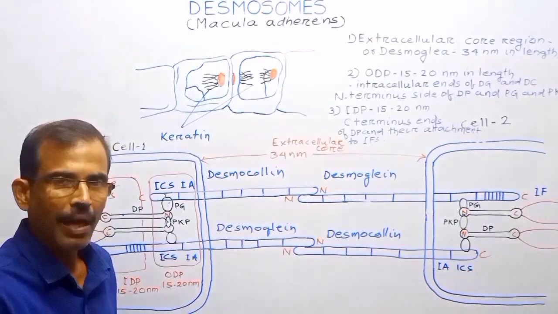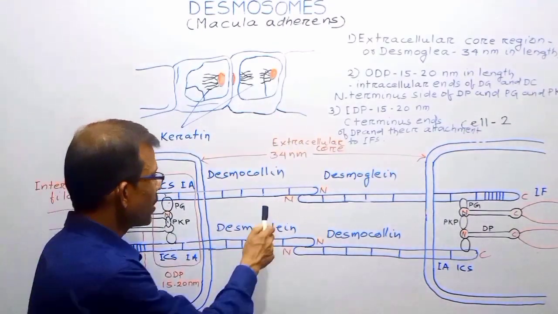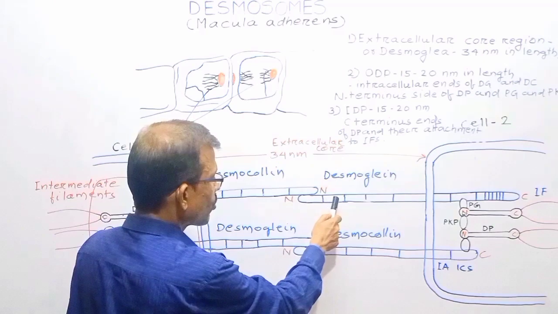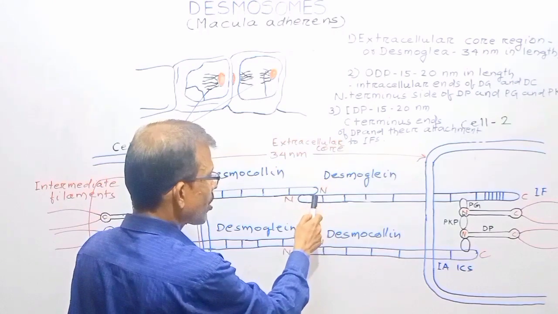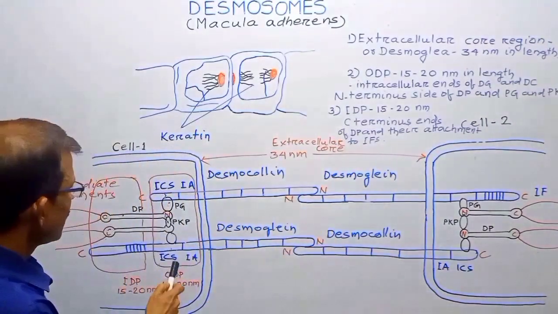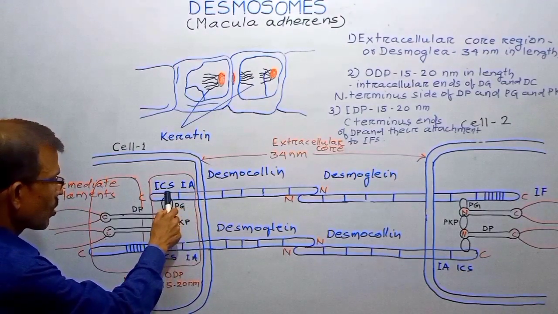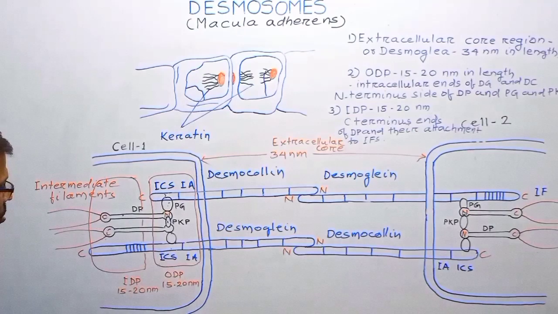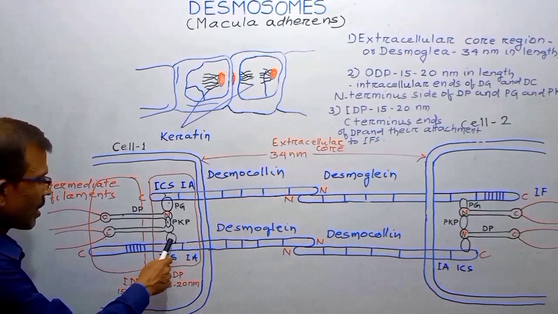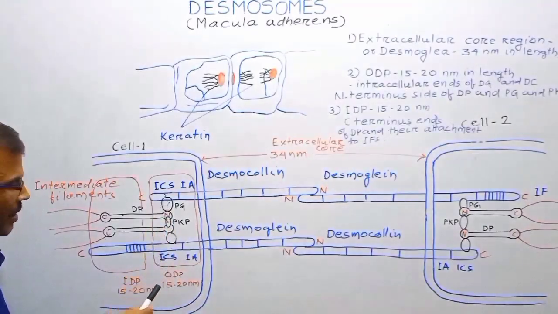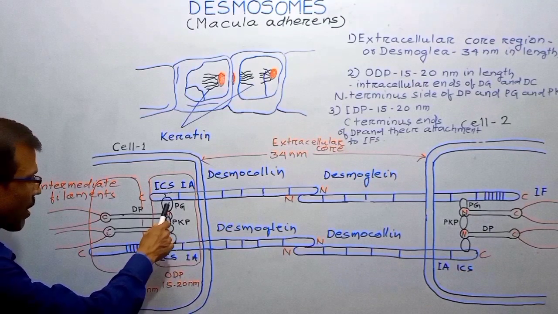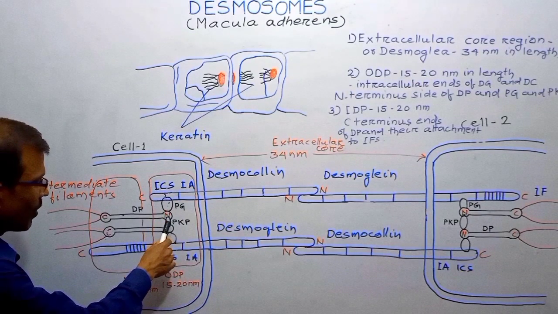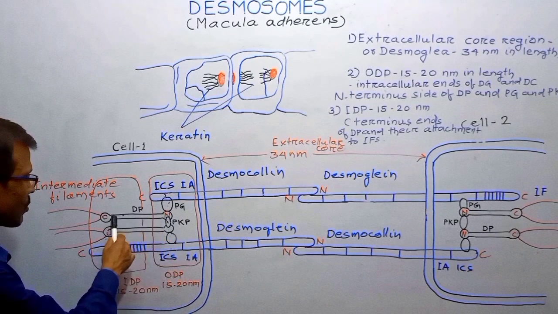Extracellular calcium helps in adhesion between desmocollin and desmoglein at their N-termini. Then, the intracellular portions of both desmocollin and desmoglein associate with the desmosomal plaque that is composed of plakoglobin, plakophilin, and desmoplakin.